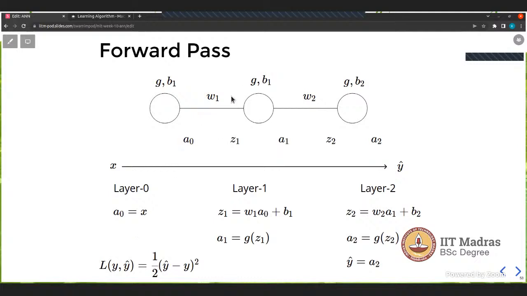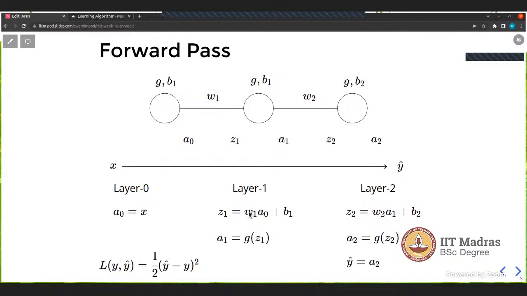Then you do the linear combination. The weight connecting the input to the first hidden layer neuron is W1, so Z1 equals W1 A0 plus B1. That is the linear combination, and the activation at layer 1 is G of that Z1.